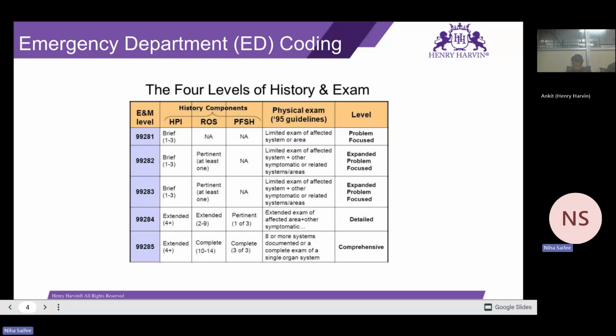So first we'll just go through the scenarios. Okay. So here different history components are there: HPI, history of presenting illness; ROS, review of systems; and PFSH, past, family and social history. Okay.